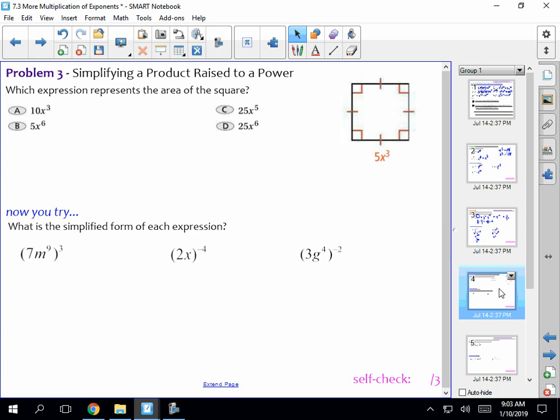So in a square, you're going to take the one length given to you, which is 5x cubed, and you're going to multiply it by itself or square it. I'd like you to write it like this, because then it connects to what we're doing now. If you write it 5x cubed times 5x cubed, it's like what we did last time. So according to our new rule, what do we do with this squaring here? What does the 5 become?